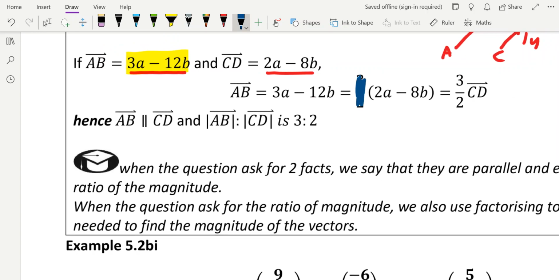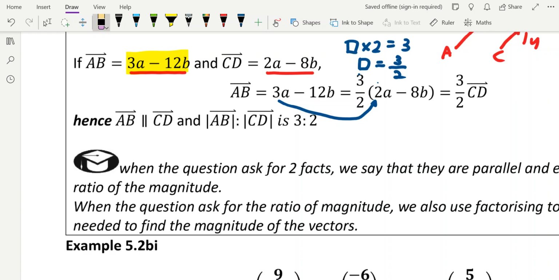Now, 3 must get to 2. Something multiplied by 2 must give you 3. So the something is 3 over 2. That's why the K outside is 3 over 2.